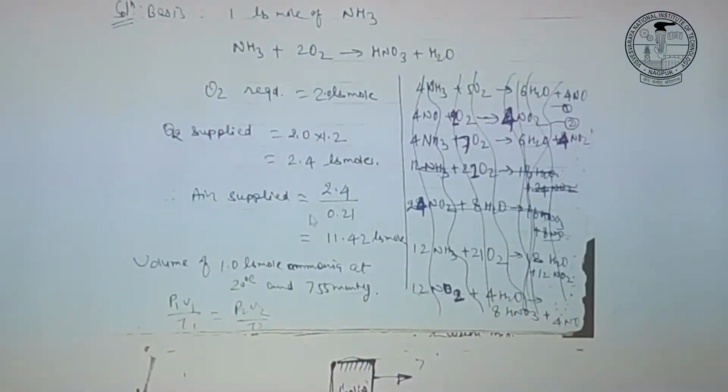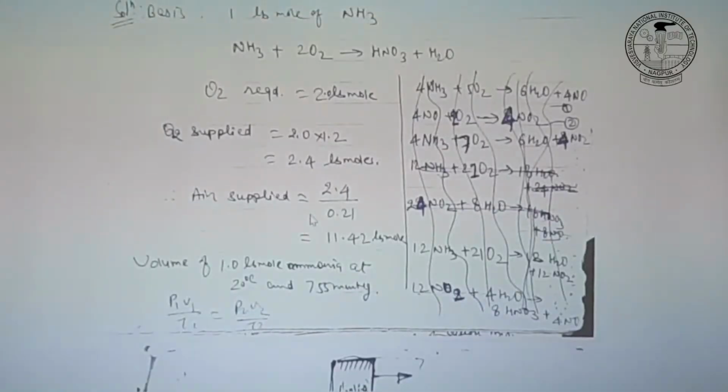But from the economical point of view, rather than separating oxygen from air and using that, what we do is we supply the air, right? So how much air will be supplied? 2.4 divided by 0.21, because stoichiometrically we assume that air contains 21% oxygen and the remaining 79% nitrogen.